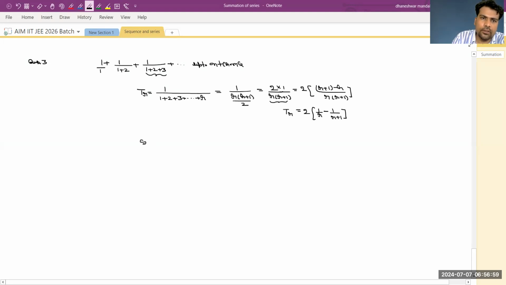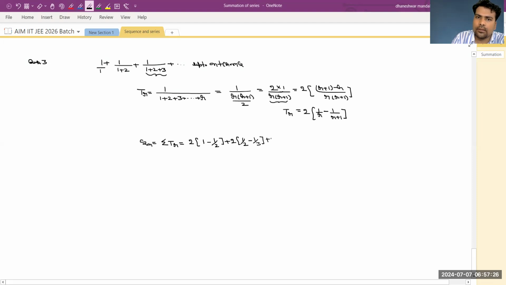Then if I want to calculate the sum of n terms, then summation of T of r. Okay. So if I take the summation, then first I have to put 1 here, then put 1 here, then this term I get, and then again if I take 2, then here we have 1 by 2 minus 1 by 3.